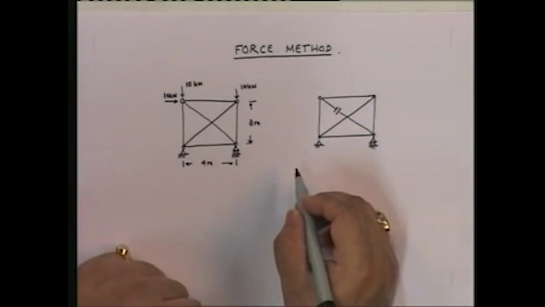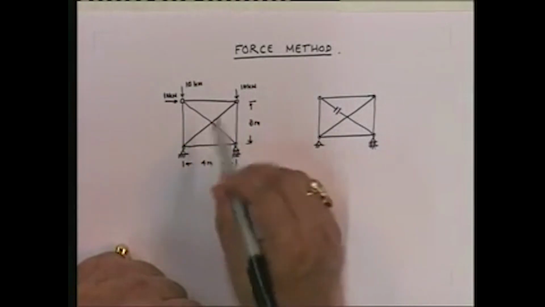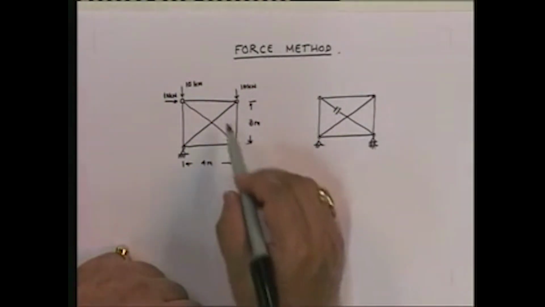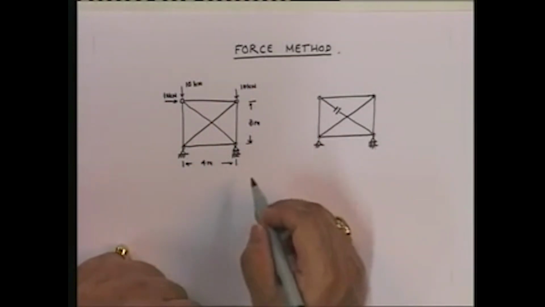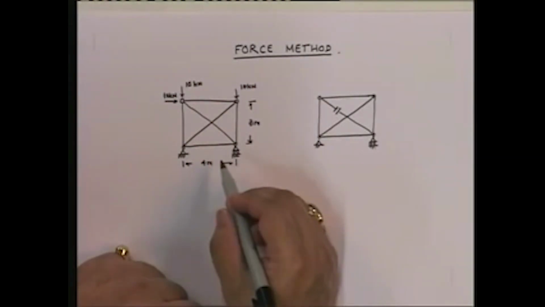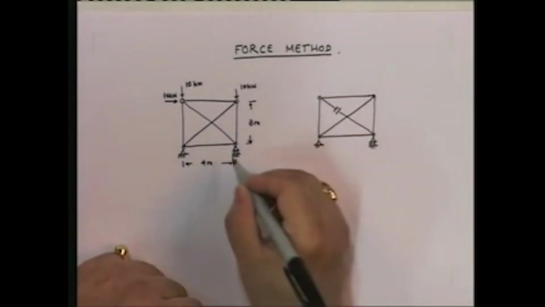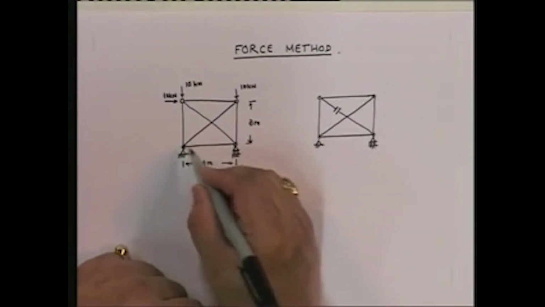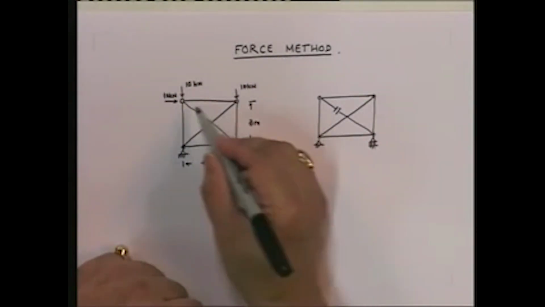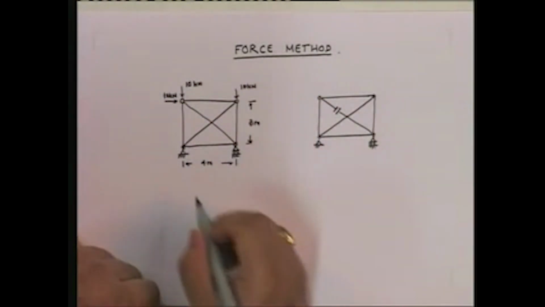Okay. And so this is the loading on the structure. And this is the truss structure that you have. Now, if you look at this, understand that in the force method, the starting point is to find out the static indeterminacy of the structure. So here we find out the static indeterminacy of the structure, and let us go through the steps.